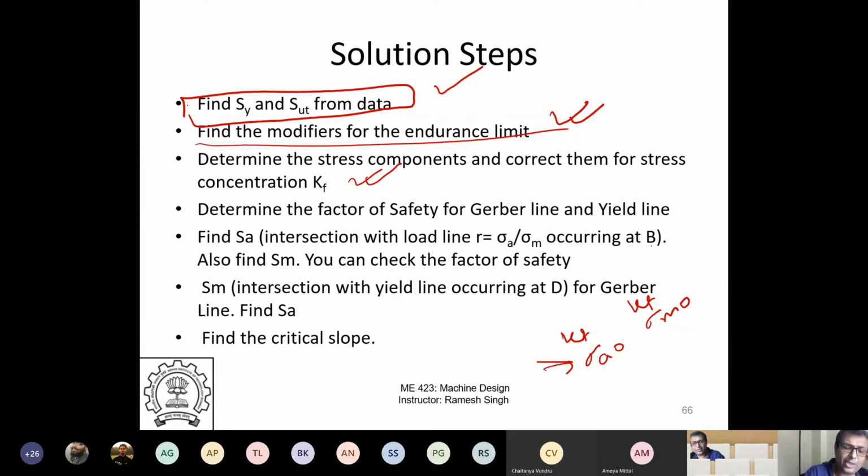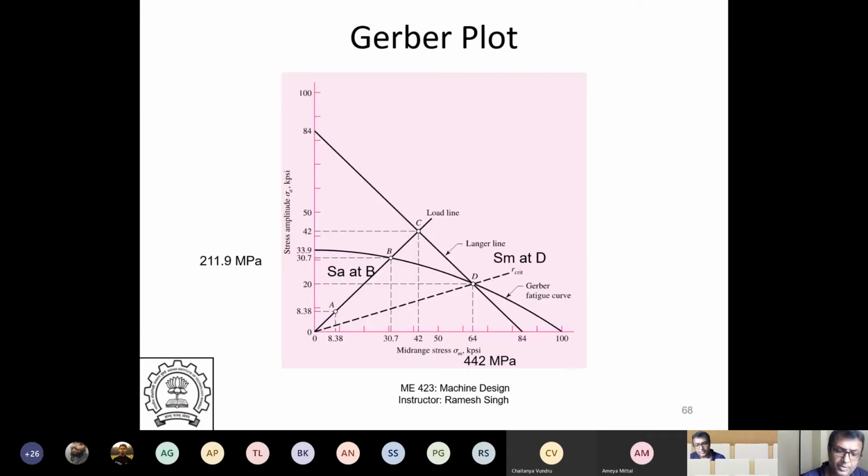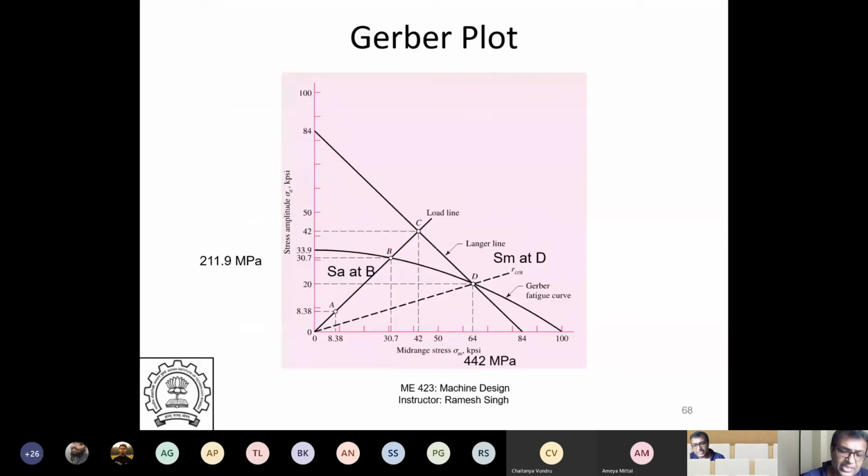So how do I find the default stress components, sigma AO and sigma MO? I will find my sigma max and sigma min.